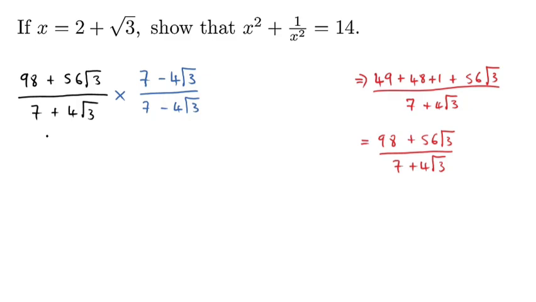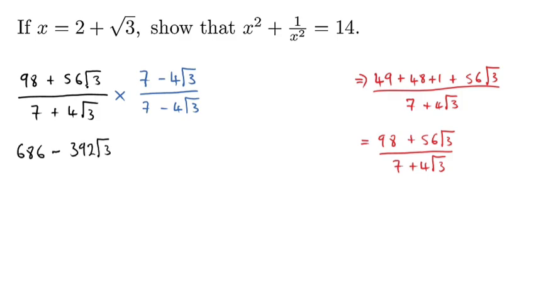So in the numerator, we have 98. We're expanding now. So 98 times 7 gives us 686. 98 times 4 root 3 gives us negative 392 root 3.